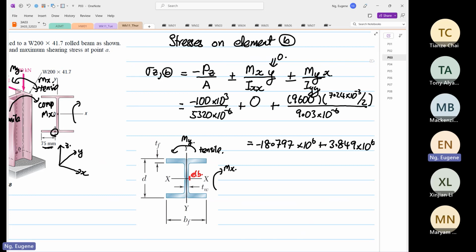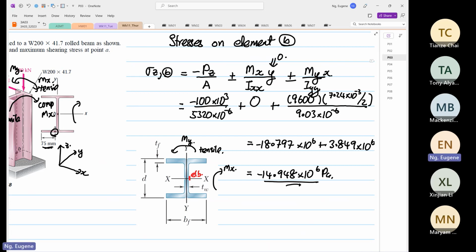Let me do it again. Yep. So the normal stress is equal to minus 18.797 times 10 to the power 6 plus 3.849 times 10 to the power 6, which is equal to minus 14.948 times 10 to the power 6 Pascal.